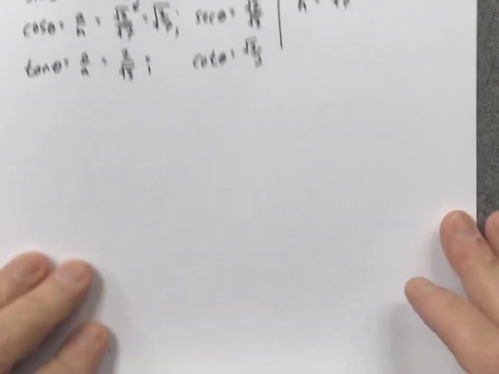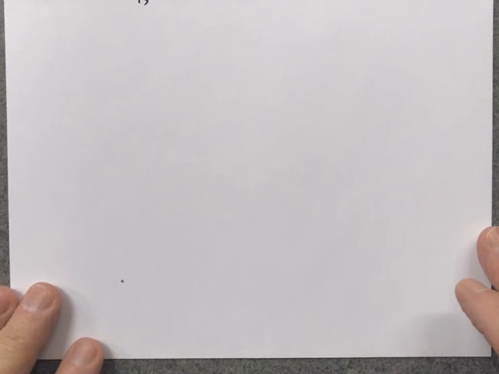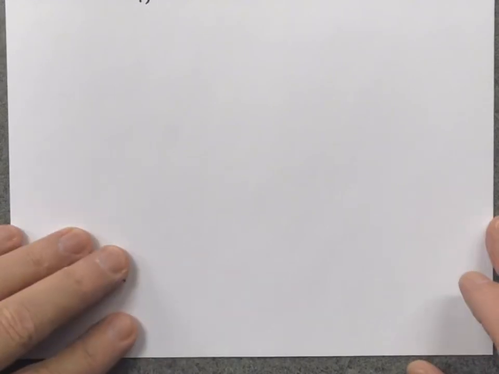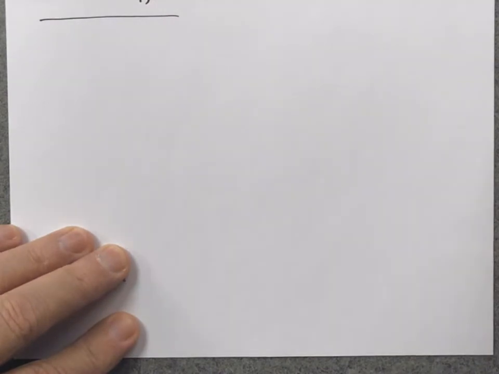So based upon that, let's do some other kinds of trig problems that will involve right triangles. Here's the first one. Sometimes you're given a problem like this.